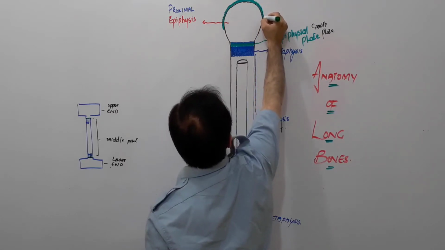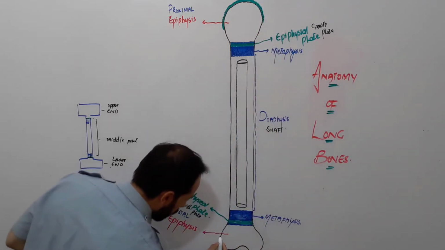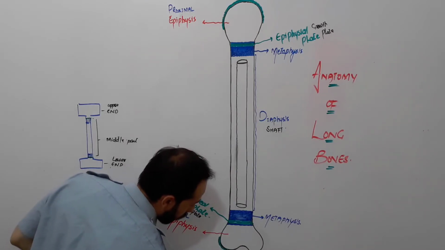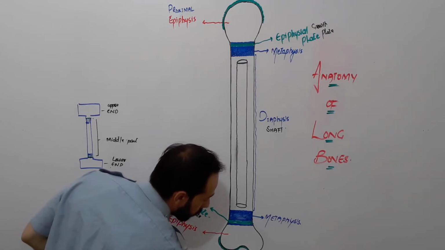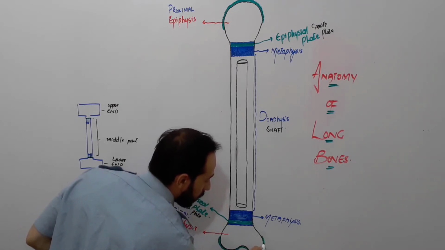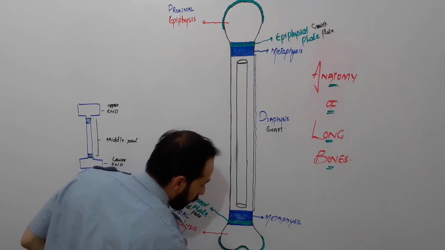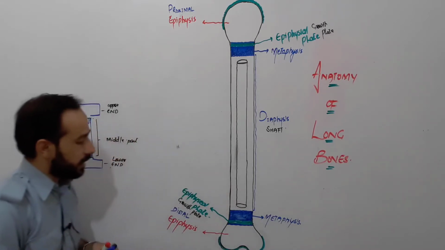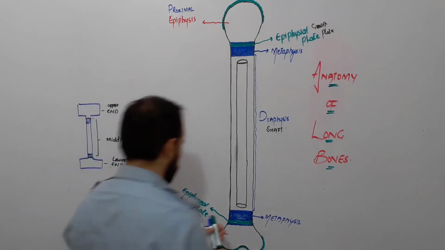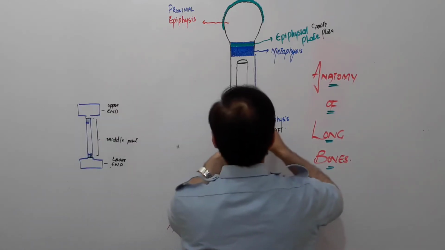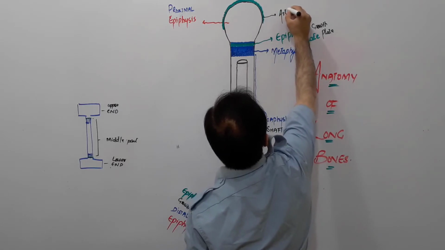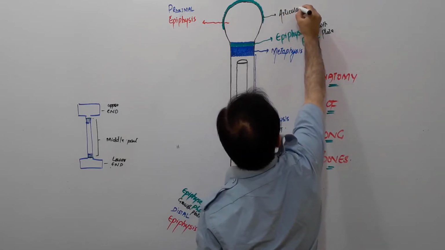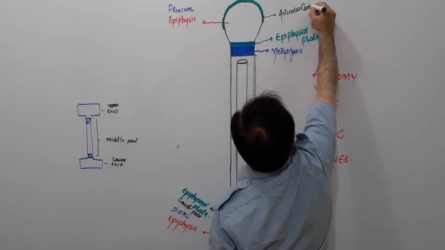Why? Because this cartilage will help in the formation of joint. So this is your articular cartilage.